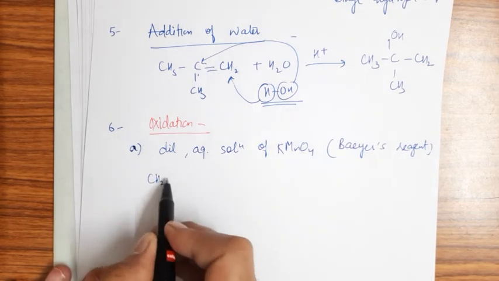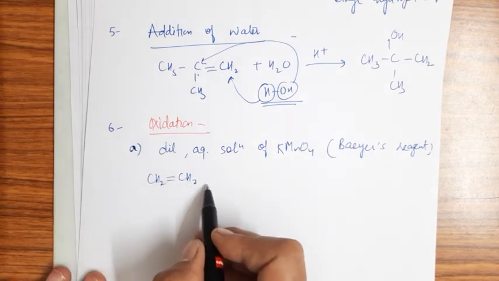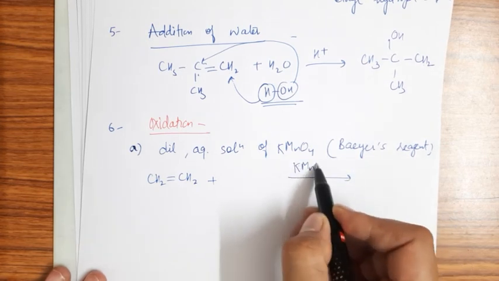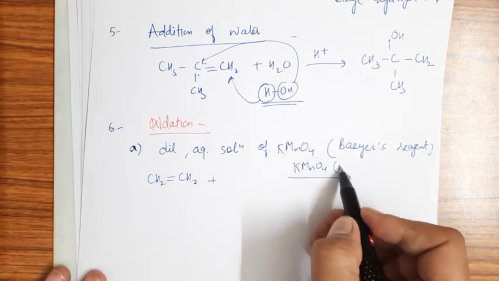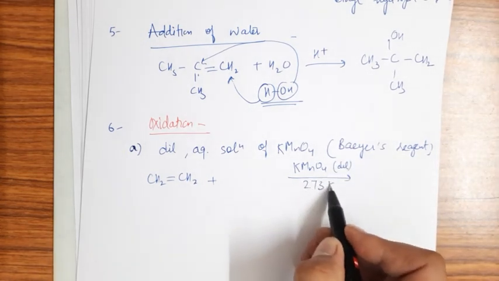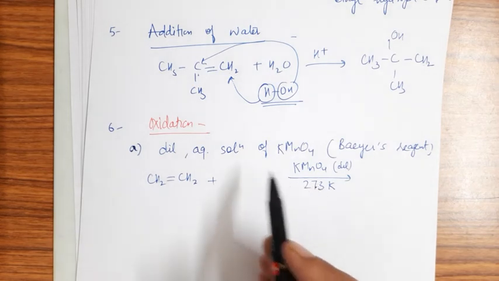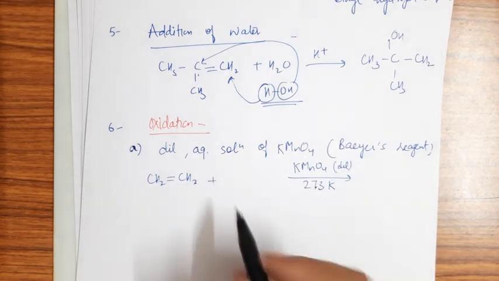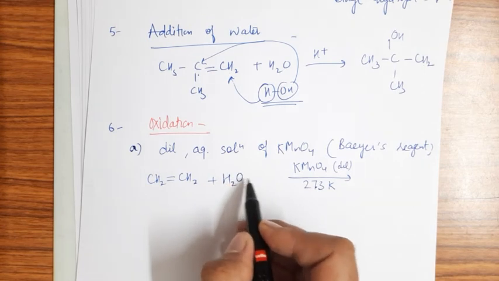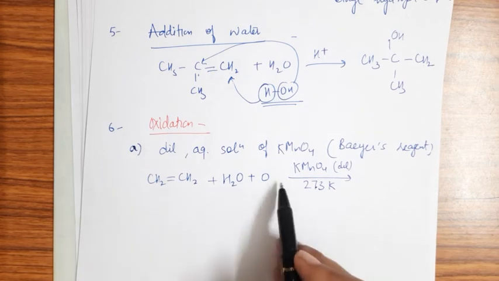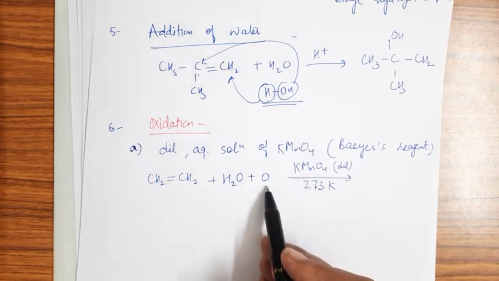So if I am taking the case of CH2 double bond CH2, and I do the oxidation with dilute cold KMnO4, that is Baeyer's reagent. I am taking 273 Kelvin temperature here to show that it is cold. Dilute cold aqueous solution of KMnO4 is treated as H2O plus O, because this is aqueous so it gives a water molecule, as well as it is an oxidizing agent, so it gives oxygen.